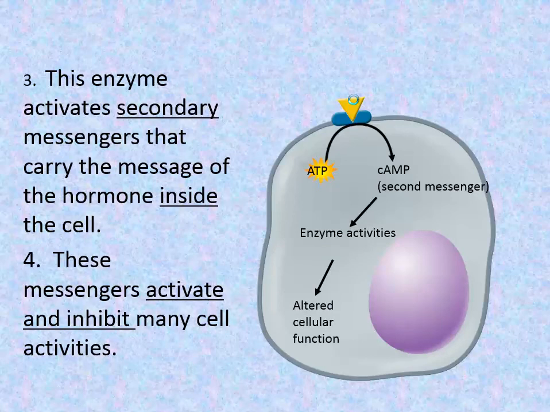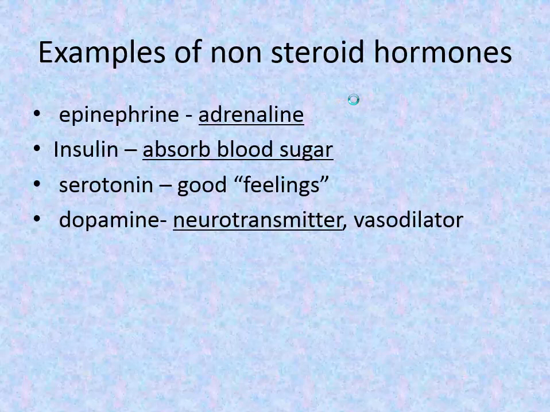So it could start some things or it might stop some things. So the enzyme activities are what alter the cellular function, whereas in the previous one, it was a hormone receptor complex that altered the cell function. You might want to rewind the tape and look at the animation on the side there so you can see how things are happening.